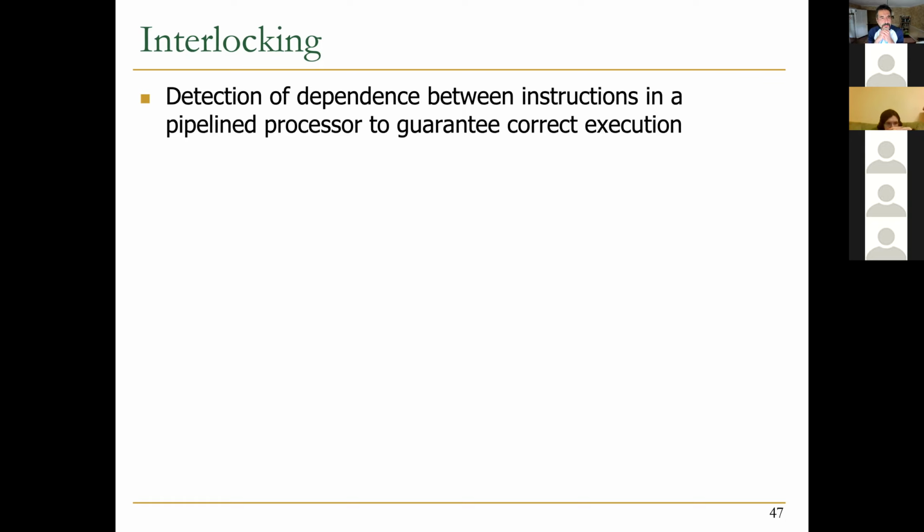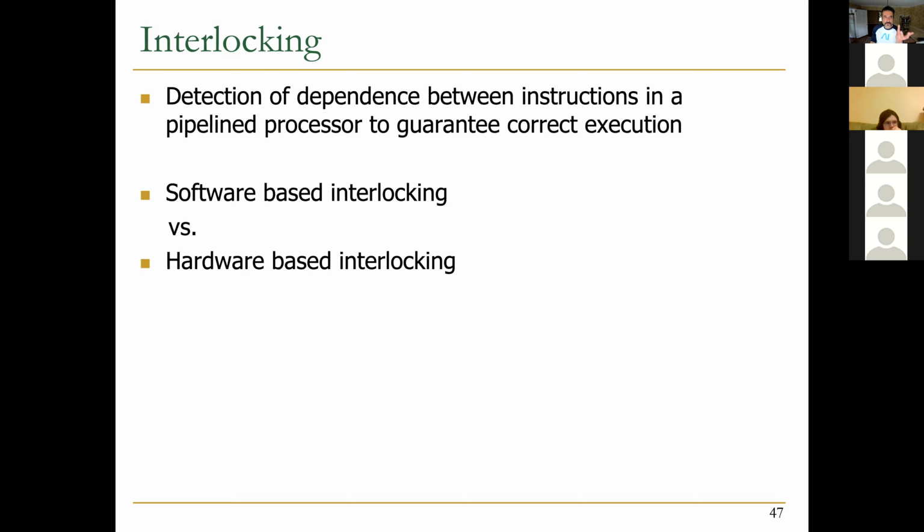Now is the time for reading this value, and it's not available. This kind of situation is what we call dependency, and we discussed 3 variations of dependency.